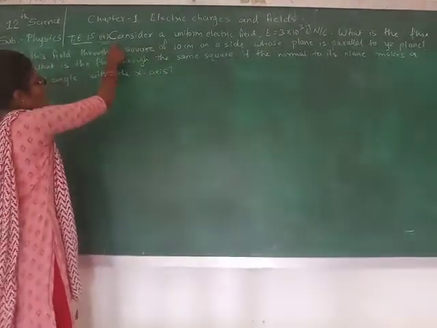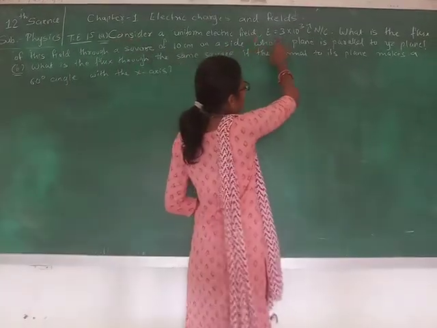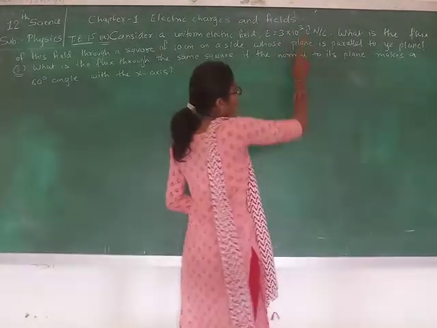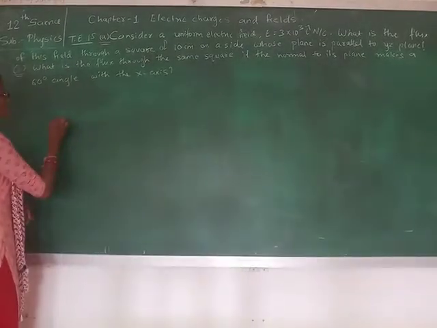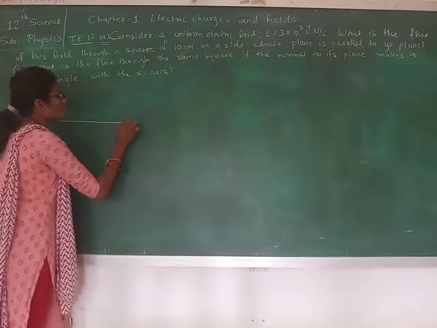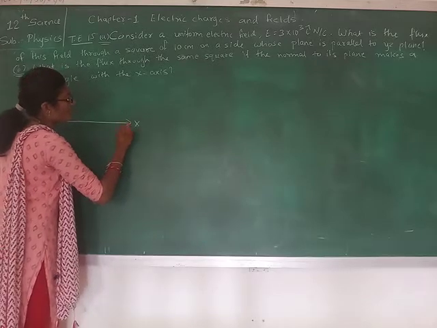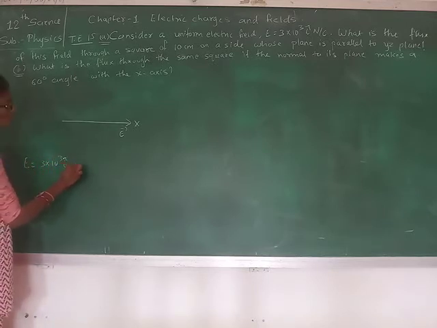So what is given in the first statement? Consider a uniform electric field whose magnitude is 3 into 10 raised to 3. The unit vector i shows that it is along the x-axis. So let us draw this figure first. Along the x-axis is the electric field, and its magnitude is 3 into 10 raised to 3 Newton per coulomb.